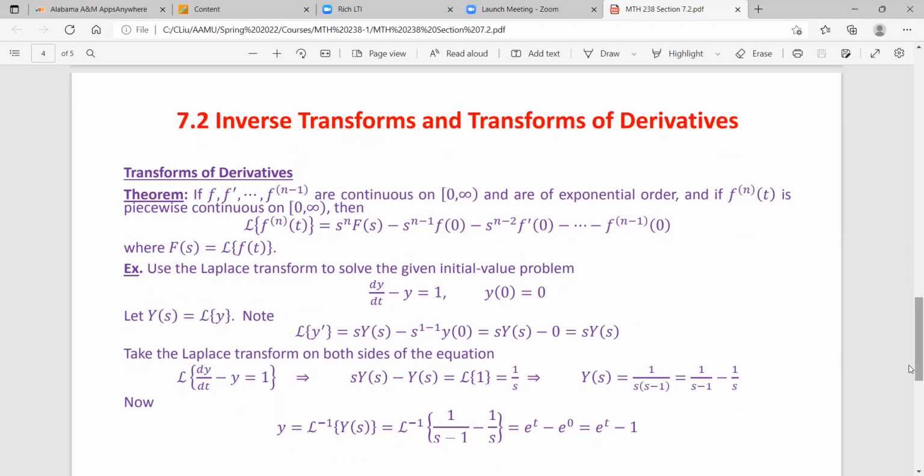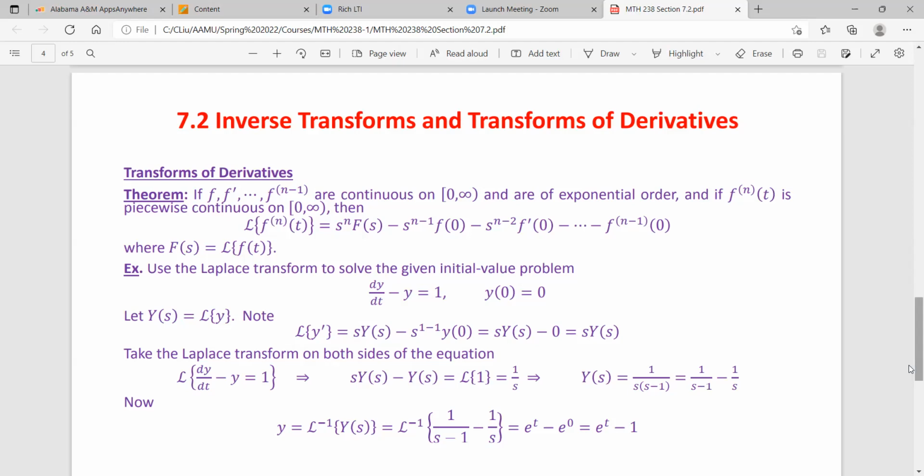So we know how to find derivatives, but we also assume the function and its derivatives up to the (n minus 1)th derivative are continuous on the interval from 0 to infinity, because we are defining the function f of t with t greater than or equal to 0.